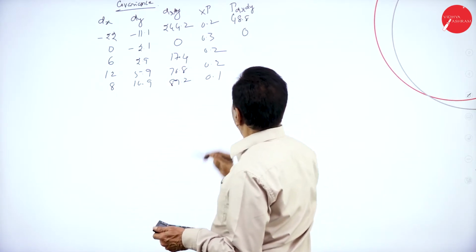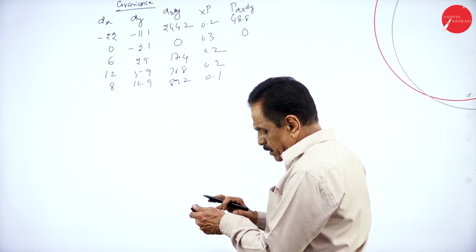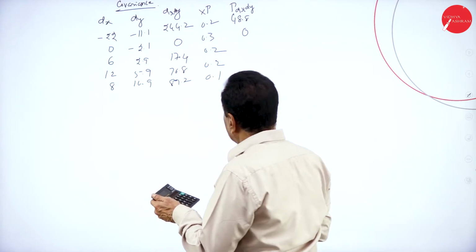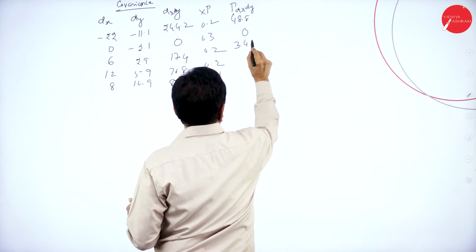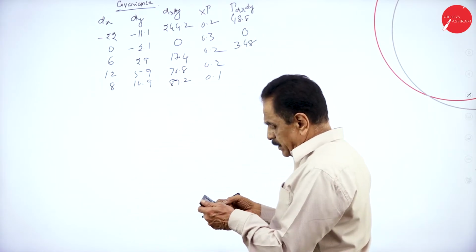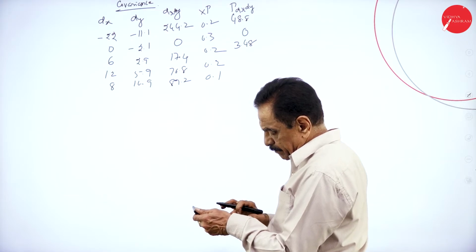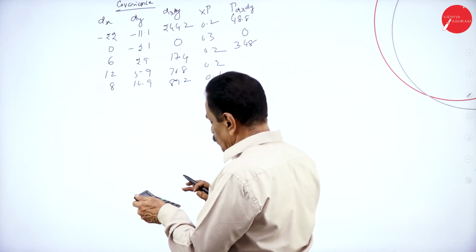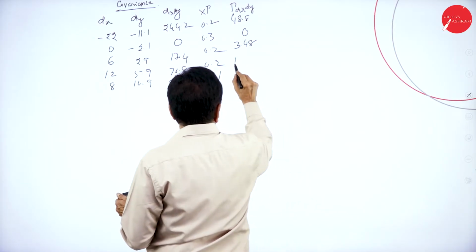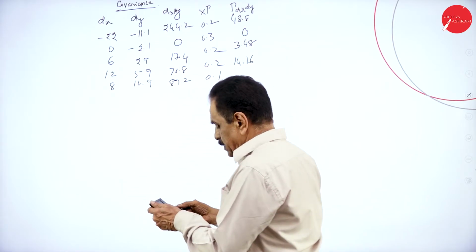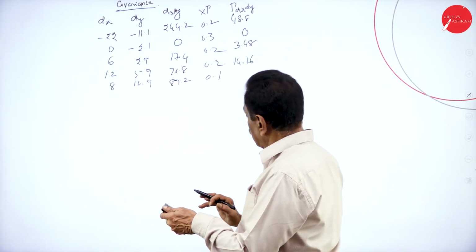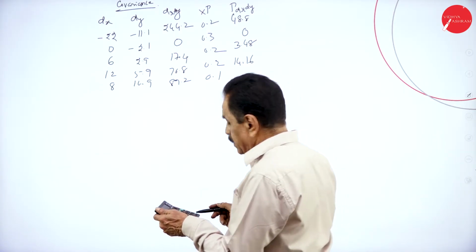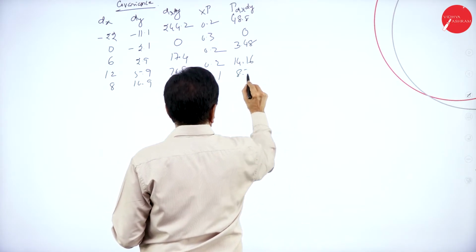This is 0. 17.4 into 0.2, 3.48. 70.8 into 0.2, 14.16. 87.2 into 0.1, 8.72.